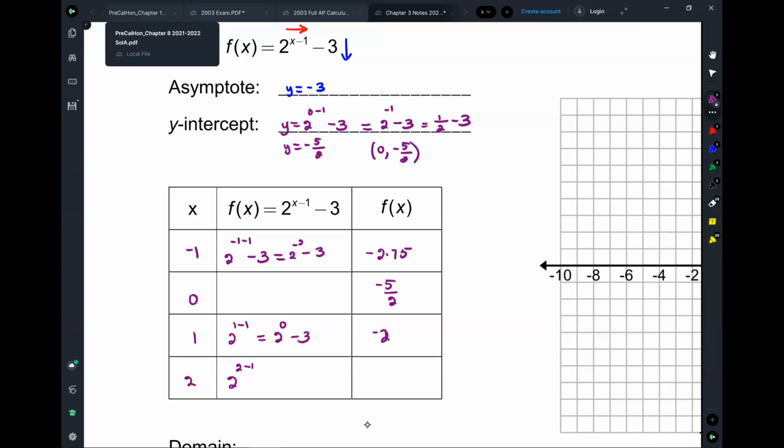When I put in a 2, what do I get? 2 to the 1 minus 3, negative 1. Now, what if this first one gave you like some serious anxiety? Skip it. Put in another number down here. Go from 0, 1, 2, 3, right? I just said earlier, there is no law of the land, okay?